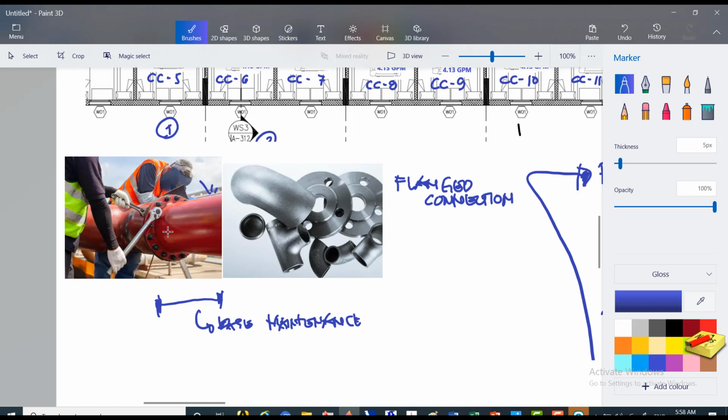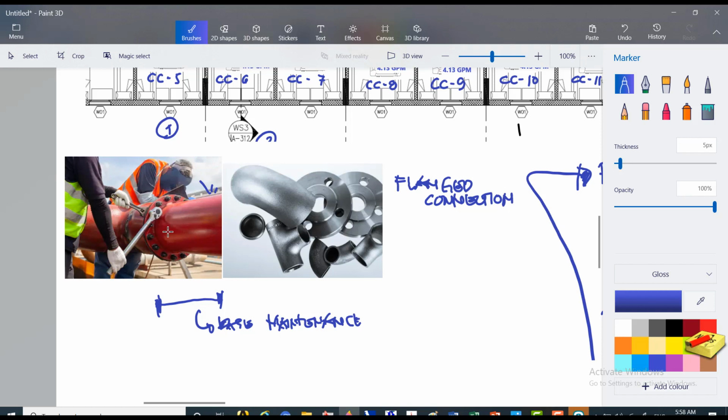Kasi kung halimbawa magwe-welding ka pa doon sa loob ng building, which is hassle na, and also baka makasira ka pa ng mga other equipments and ang owner, so it will be charged sa'yo. So that's why we do flange connection pag tapos na yung building na go-operate na. So yun ang mga naman sa fire protection.